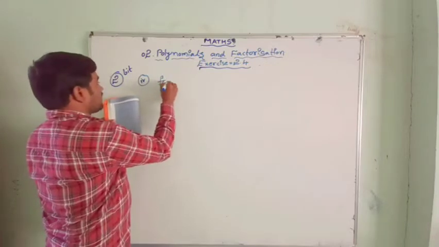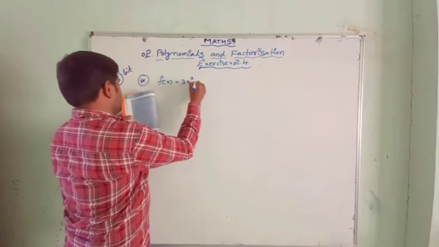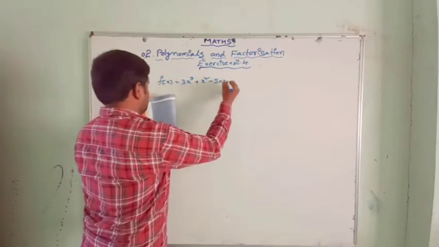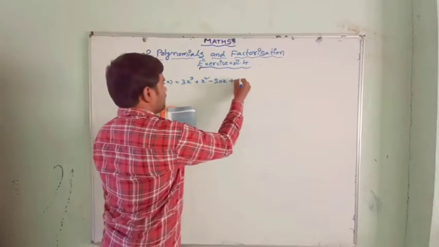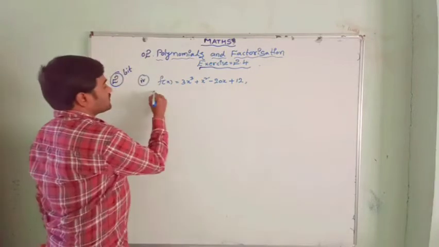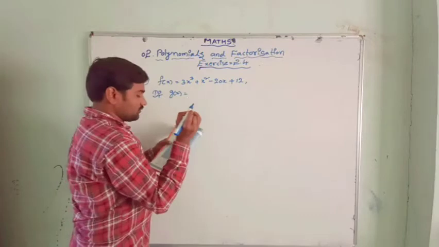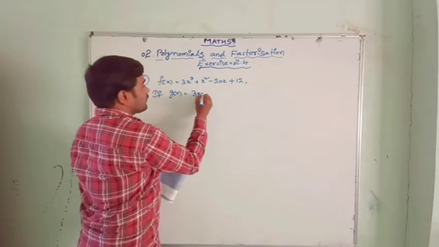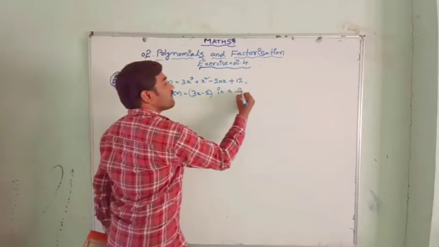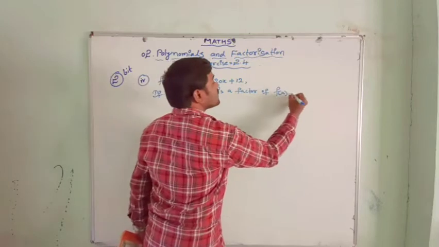Here they have given f of x equals 3x cube plus x square minus 20x plus 12, and they have given g of x equals 3x minus 2 is a factor of f of x.